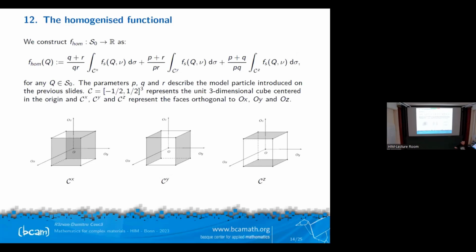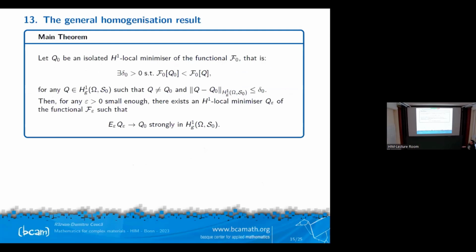And those P, Q, and R are the parameters that we have chosen for the lengths of the black boxes, which basically define the whole structure. If we choose, for example, P equals Q equals R, the homogenized effect looks very different and much simpler. But now we can present our general homogenization result, which is the following.